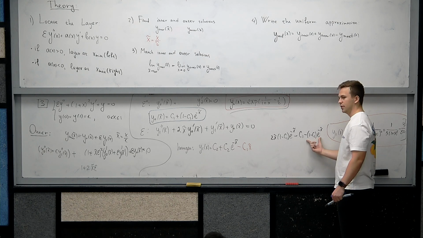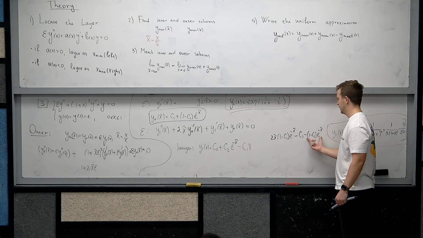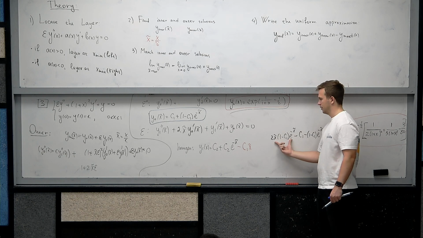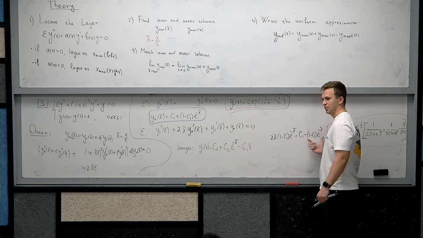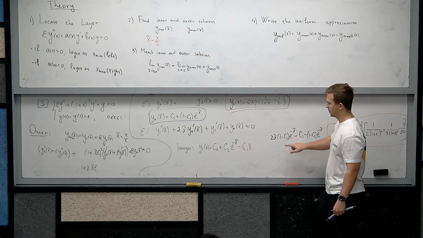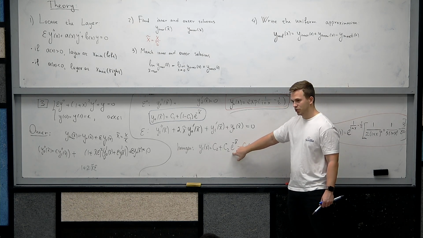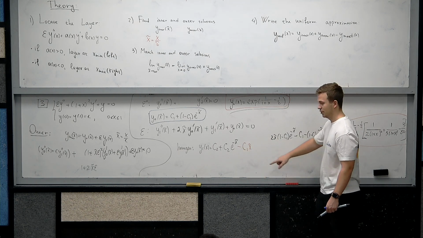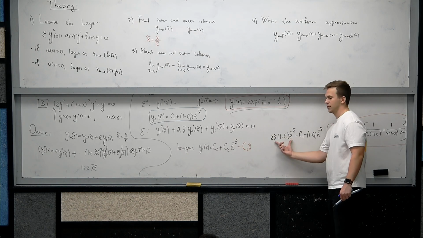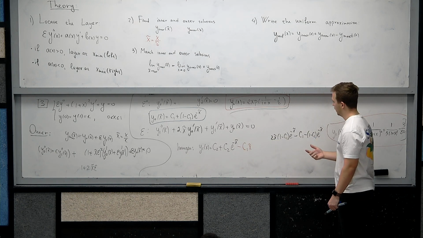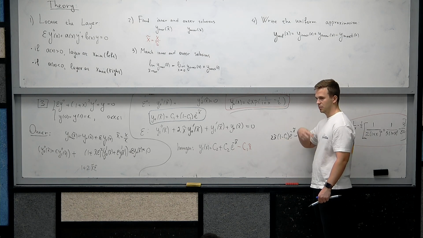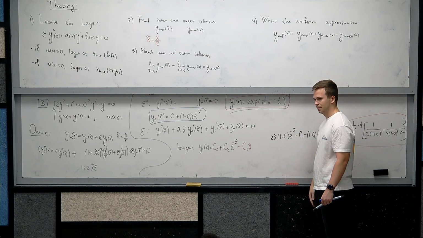We need to be careful here. Why? Because this and this have what is called a resonant term, because we have the same exponent in the general solution of the homogeneous equation, and here in the right hand side we also have the same exponent. So that's why when we guess the solution we need to multiply it by x tilde.